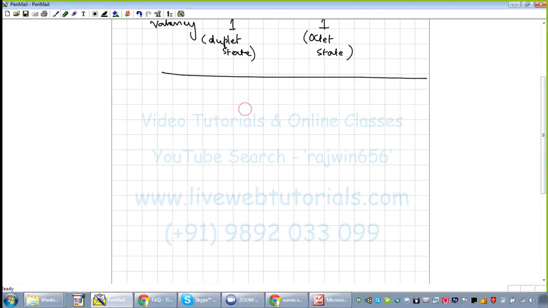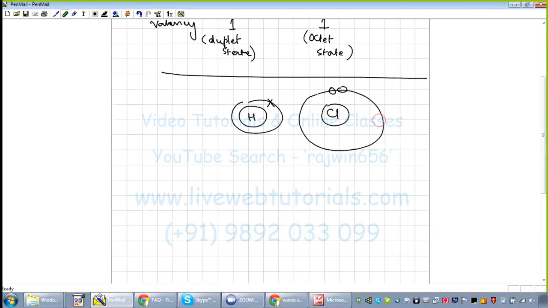I'm going to draw the hydrogen atom first. There is 1 electron in the outermost orbit. Chlorine atom, I'm showing only the outermost orbit. 7 electrons are over here.